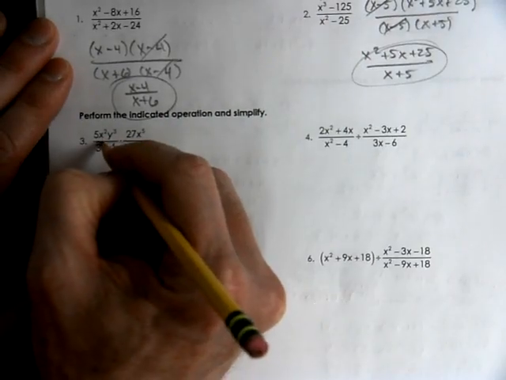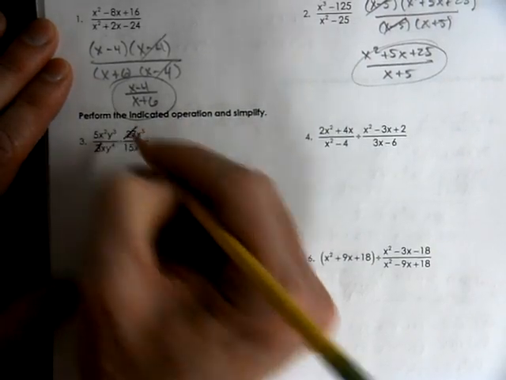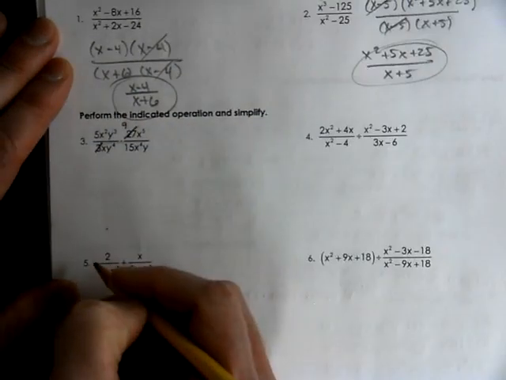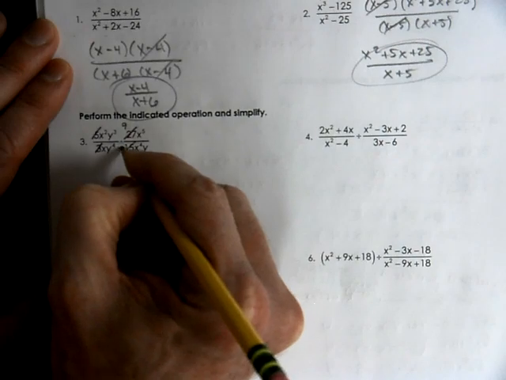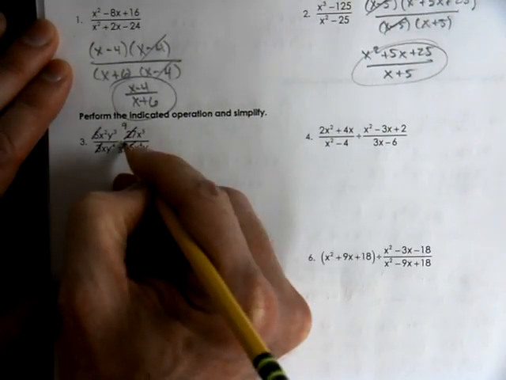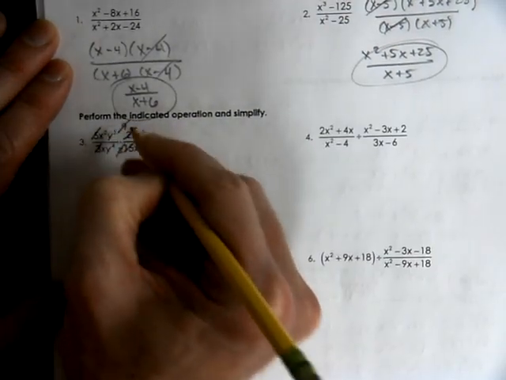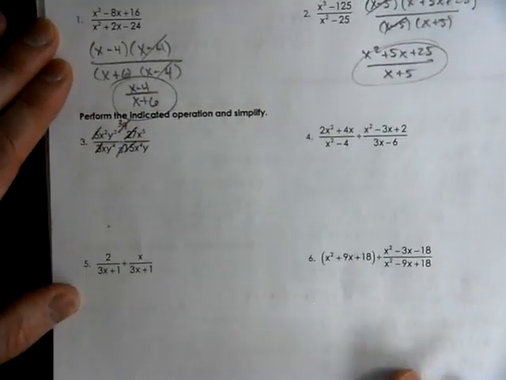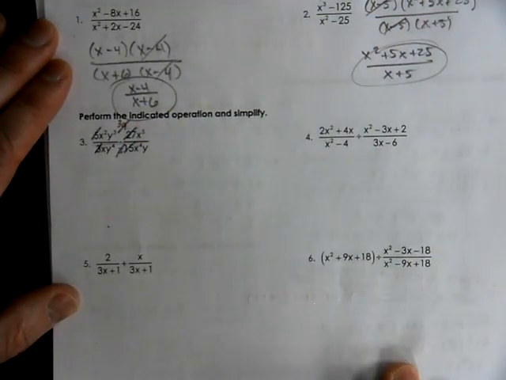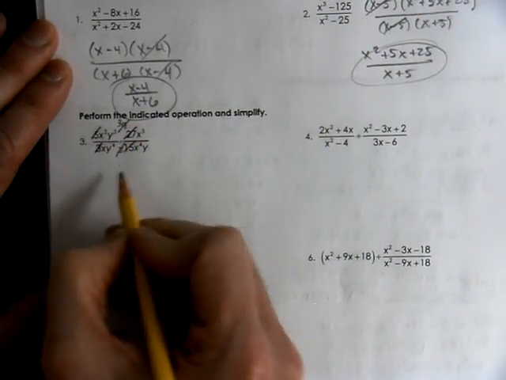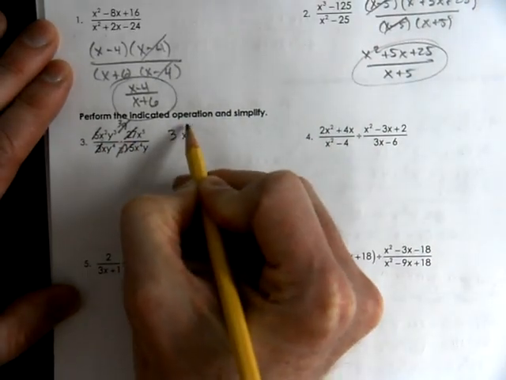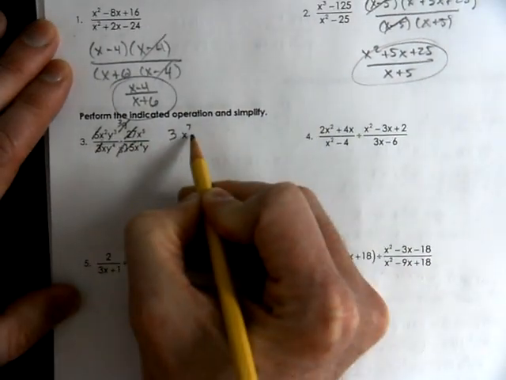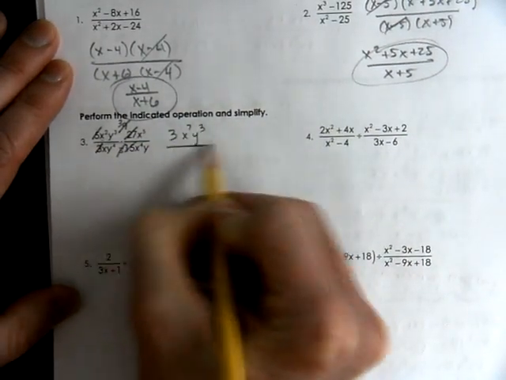What I notice is that my 3 can go into my 27 9 times, and my 5 can go into my 15 3 times, and then my 3 can also go into my 9 3 times. So what that's going to give me is a 3, x to the 7th power, y to the 3rd power.